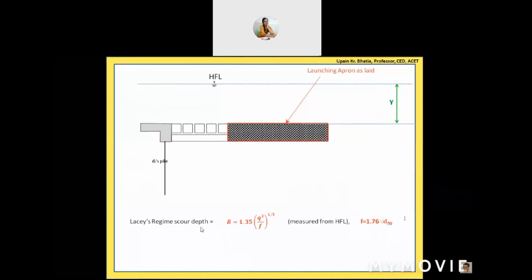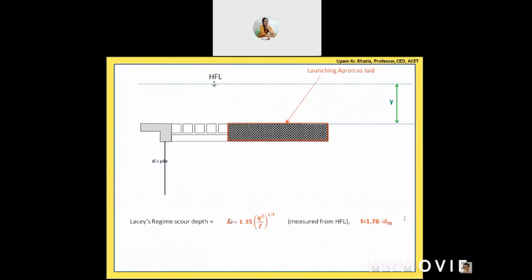Now Lacey's regime scour depth: if you calculate how deep this riverbed can go, for that Lacey has suggested this equation: R = 1.35 (q^2/f)^(1/3). And it is measured from the HFL.